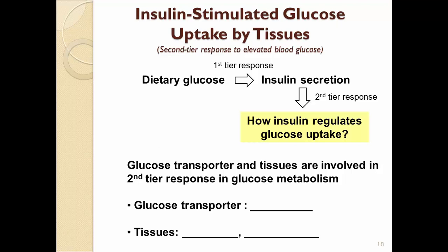Insulin is the hormone that regulates transport activity, particularly GLUT4 activity in muscle and adipose tissue, to increase transport of glucose from blood into the muscle and adipose cells, right? This process is called the second tier response. So the secondary response is basically insulin stimulating glucose transport into muscle and adipose tissue by GLUT4.